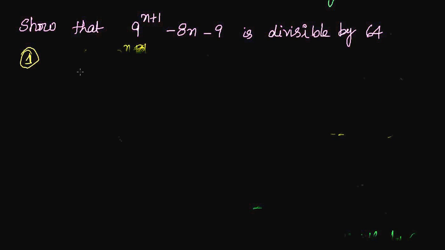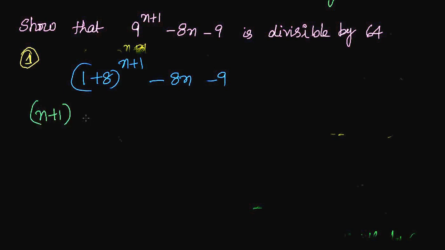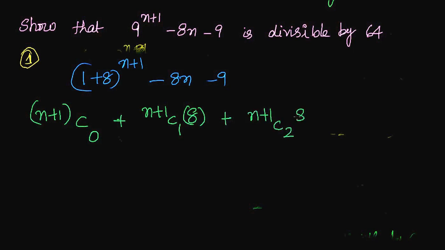Then it becomes (1 plus 8) whole to the power of n plus 1 minus 8n minus 9. Correct? This is (n plus 1)C0 plus (n plus 1)C1 into 8 plus (n plus 1)C2 into 8 square and it goes on, this whole thing, minus 8n minus 9.